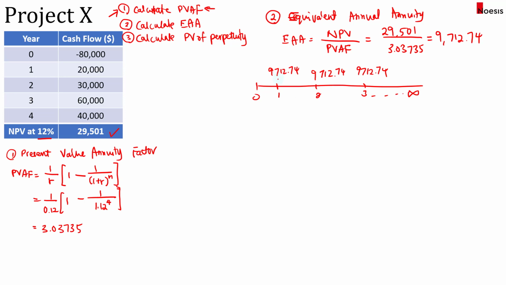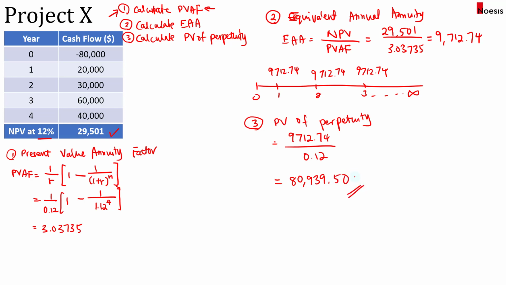So what would be the PV, or present value, of this perpetuity? To calculate the PV of the perpetuity, the formula is to take the annuity amount, which is 9,712.74, then we divide by the interest rate. So that will be equal to $80,939.50. So this is the PV of this Project X if it is repeated forever.